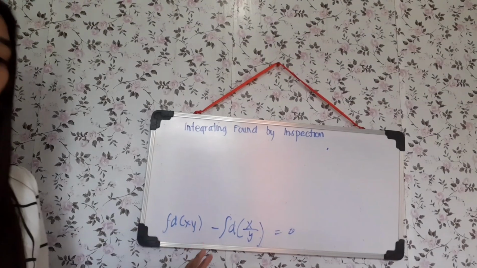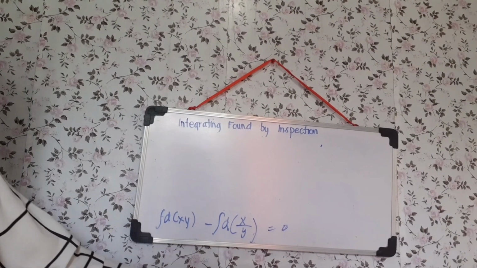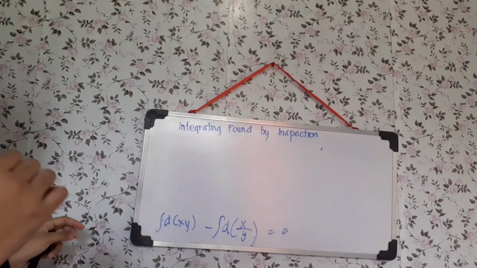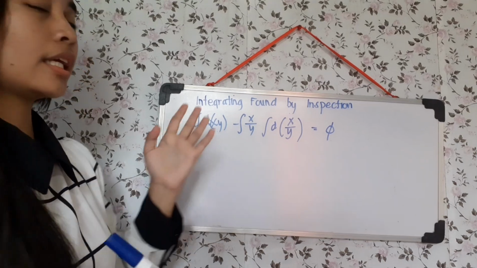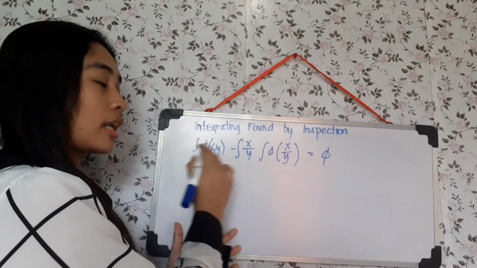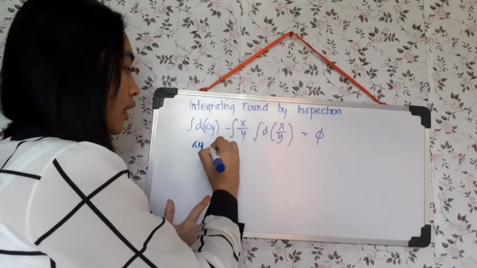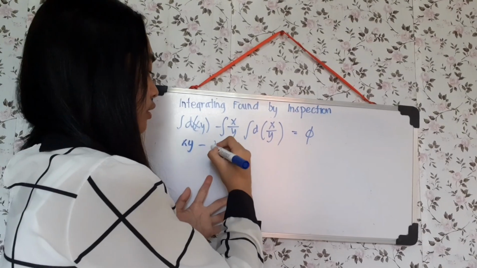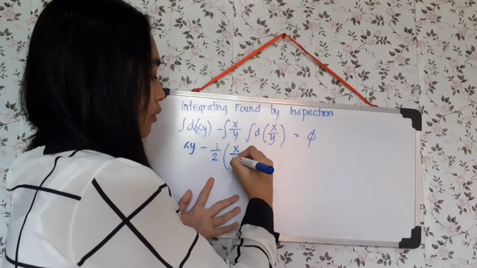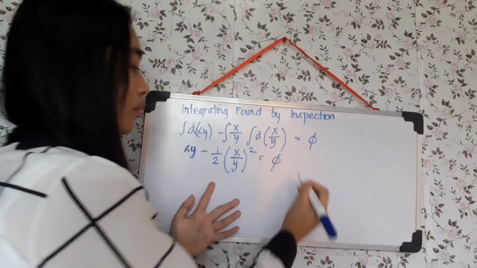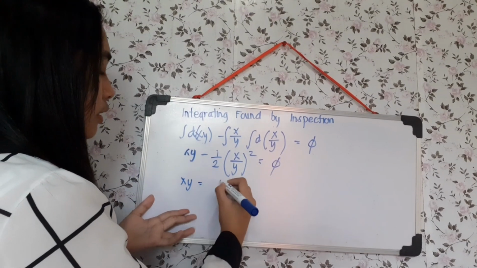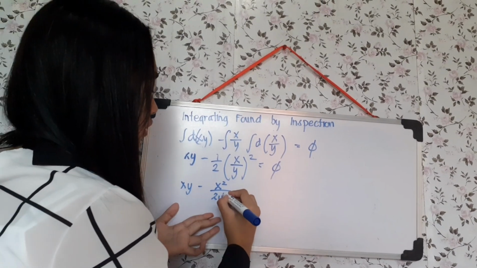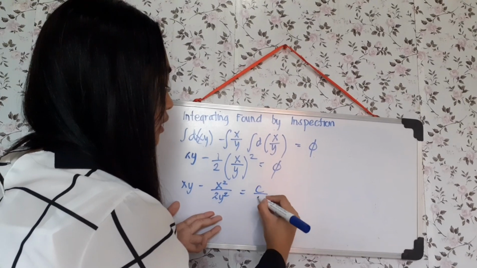Integrate the derivative of xy and also the derivative of x over y. So integrate both parts. The integral of the derivative of xy is xy, minus the integral of the derivative of x over y, which is x squared over 2y squared, is equal to c over 2.